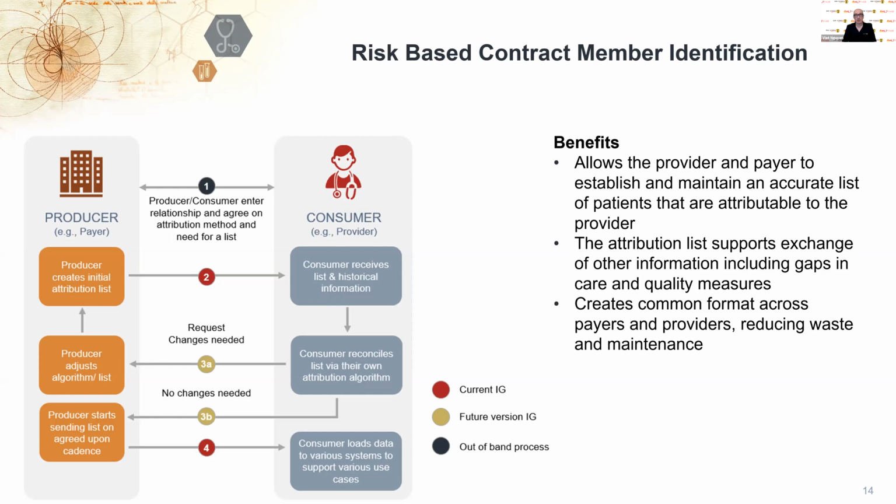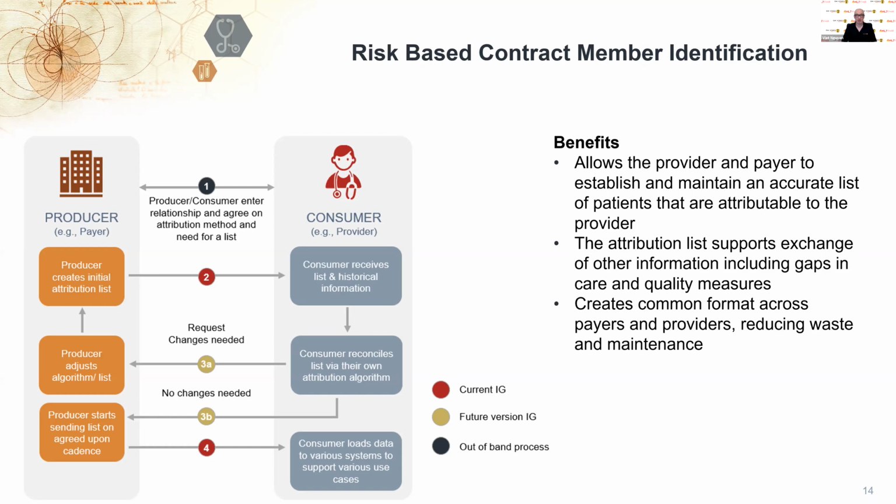And so this is the first version. So in this member identification, we validated the first version and are working on the next version, which not only includes risk-based contracts, but will also involve fee-for-service type contracts, based similarly to the way CMS has done data at the point of care, where a Medicare provider, once they've seen a patient and have filed a claim, they establish a relationship with that patient and with CMS, and using that relationship can then request information on that patient, the clinical data.